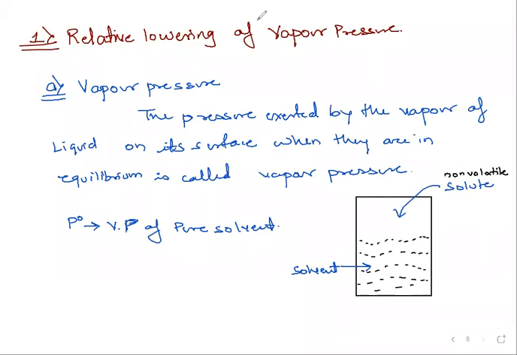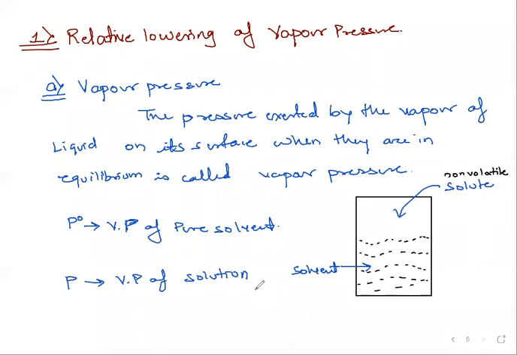Now the symbol P is for the vapor pressure of solution. Is everyone clear? P naught stands for vapor pressure of pure solvent. P stands for vapor pressure of solution. So we have to keep the terms in mind very carefully.